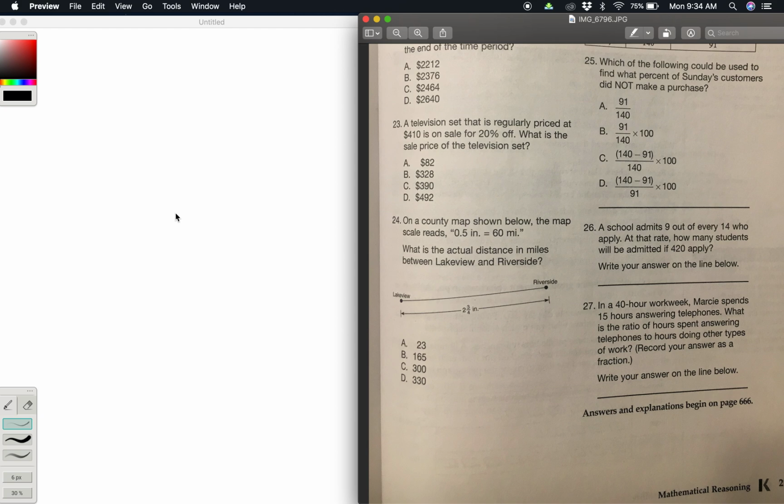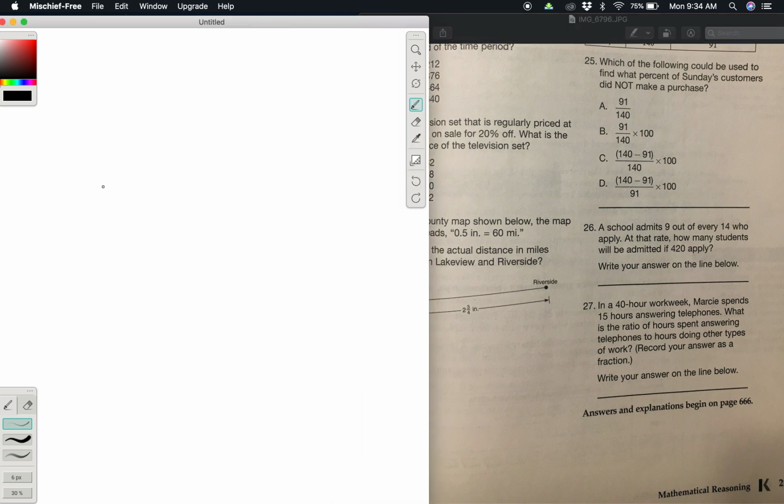And we know that if she works 15 hours answering telephones, then we remove that 15 from the 40, which makes it 25. We have 25 left over. So the other types of work is 25 hours. That's how many hours are remaining after the 15.